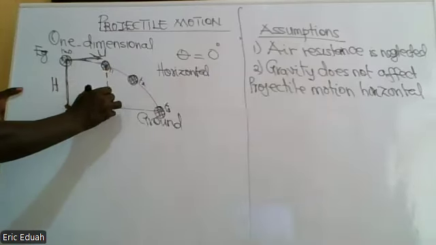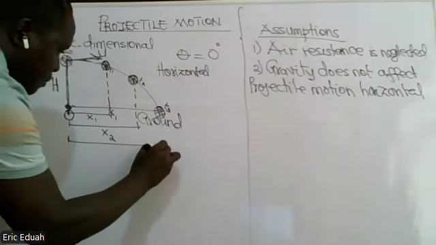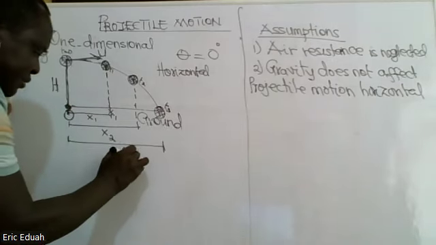First, at t1, we have x1. Then when it finally drops to the ground, we see the projectile being displaced by this magnitude, x3.